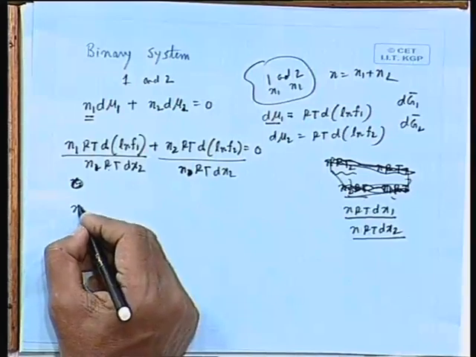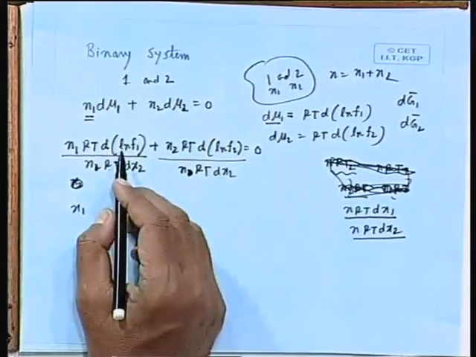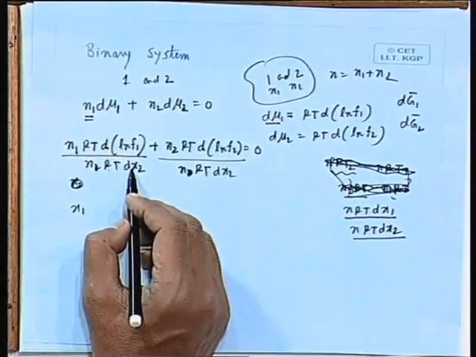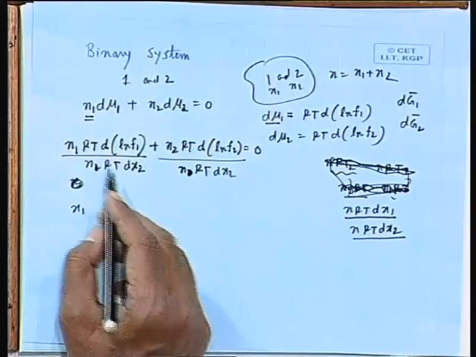So it is x1. This is defined at constant temperature and pressure, and only this mole fraction is changing. So RT is cancelled out.